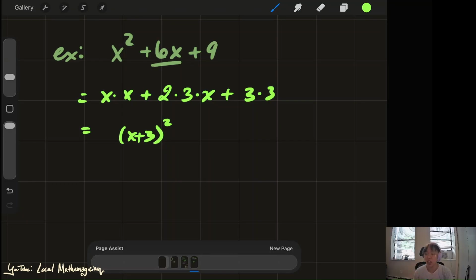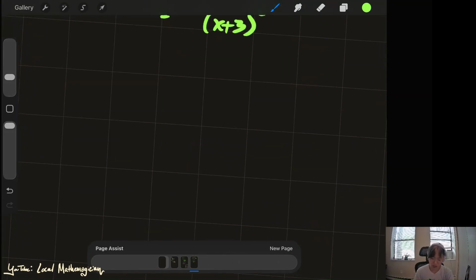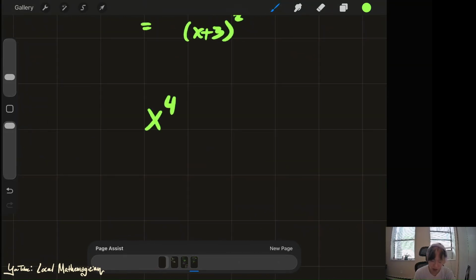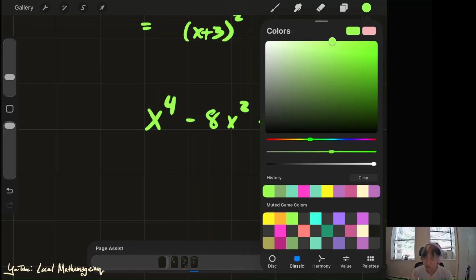If I give you x to the 4th minus 8x squared plus 16, I want you to look at this and say, hey, wait a minute now.